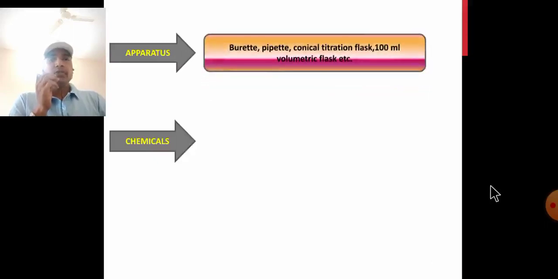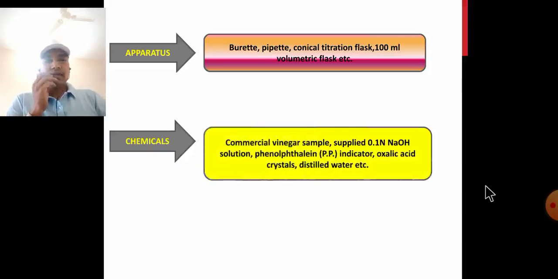Apparatus for this experiment: burette, pipette, conical titration flask, 100 ml volumetric flask. Chemicals: commercial vinegar sample, supplied 0.1 normal NaOH solution, phenolphthalein indicator, oxalic acid crystals and distilled water.